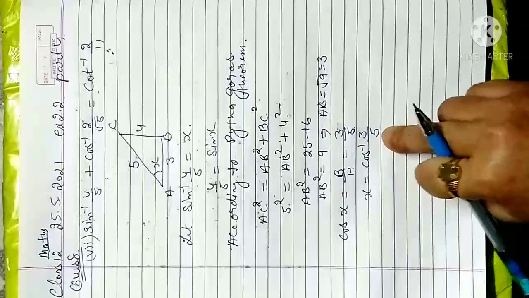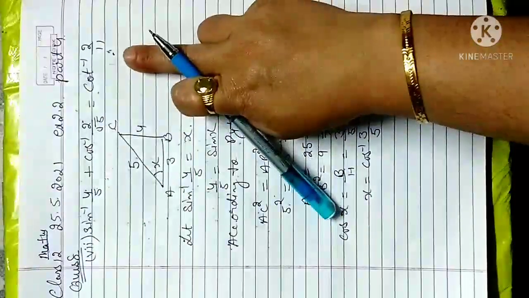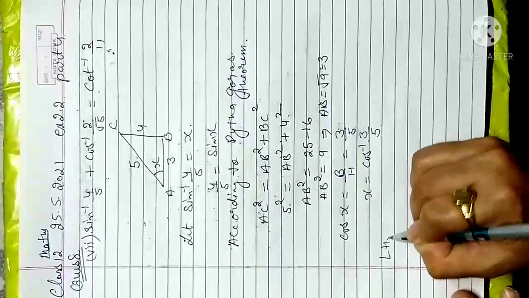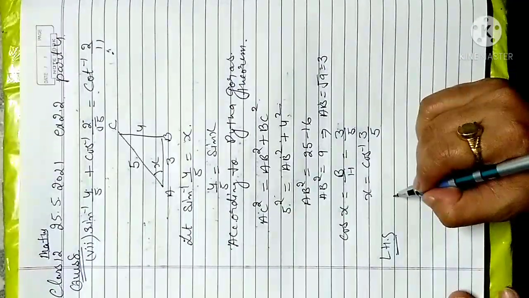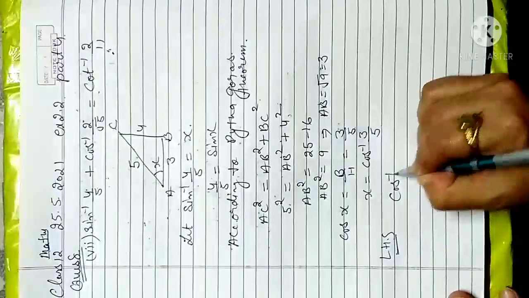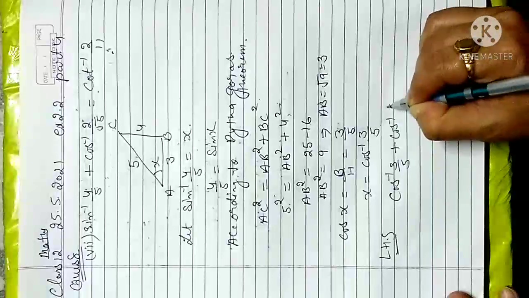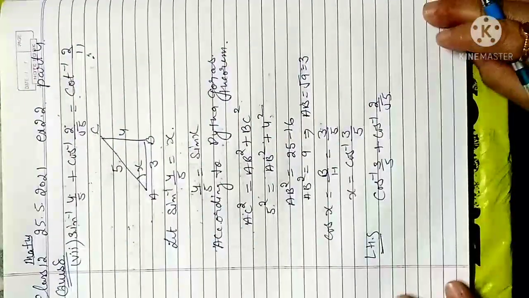Now I replace this value in my left hand side, which I want to prove is cot inverse 2 by 11. So when I pick the left hand side, sine inverse 4 by 5 changes to cos inverse 3 by 5 plus cos inverse 2 by root 5. Now here I have a formula.